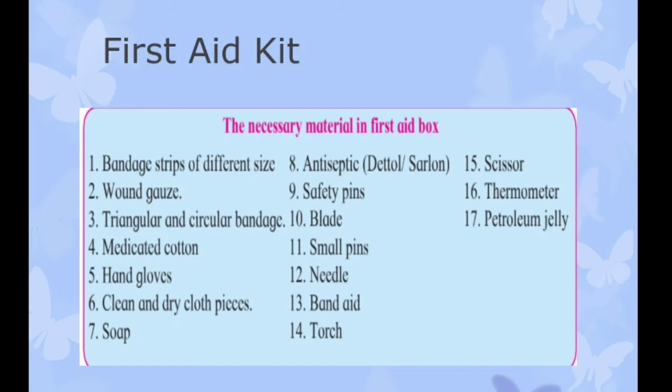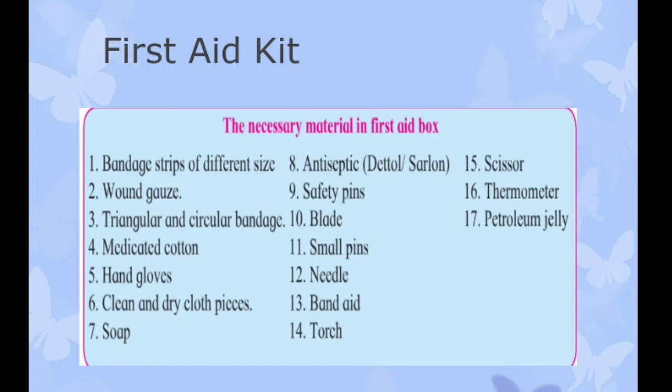First aid kit. It is essential to have material necessary for first aid with us. That material is available in the first aid kit. You can also prepare a first aid kit. It is important to use whatever material is available in the given condition for first aid.